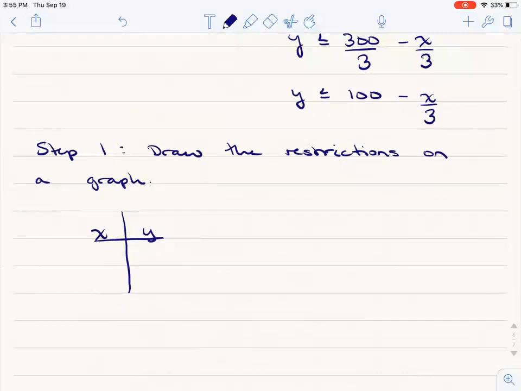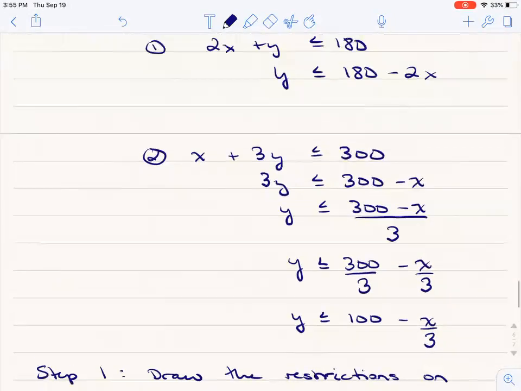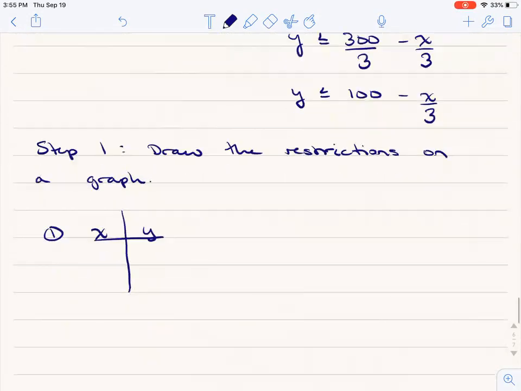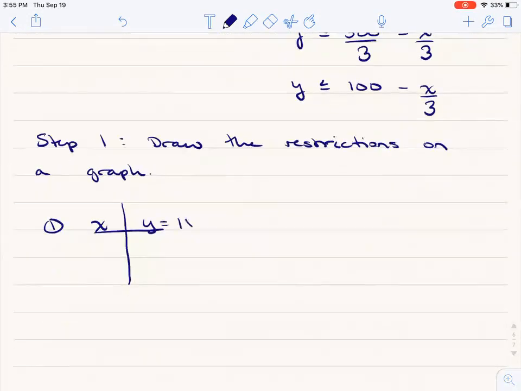And so for equation number 1, we found y equals 180 minus 2x. I dropped the inequality, but it's okay because the line that we're drawing is y equals.